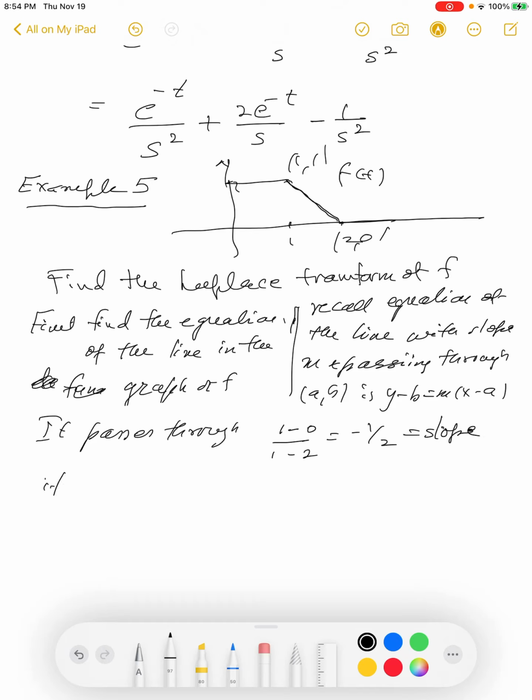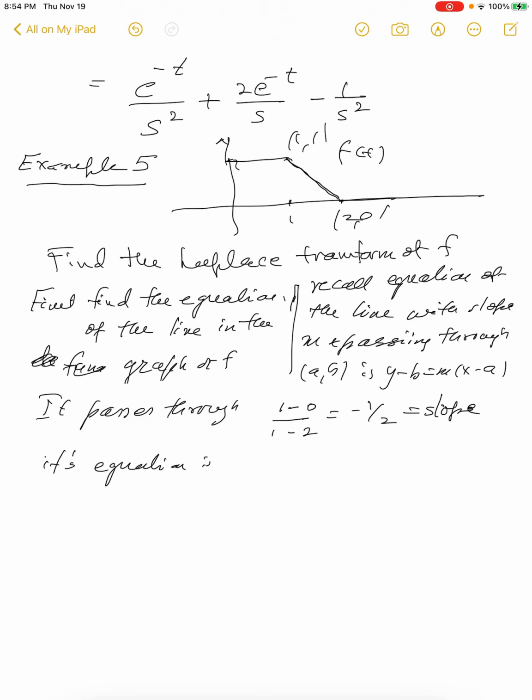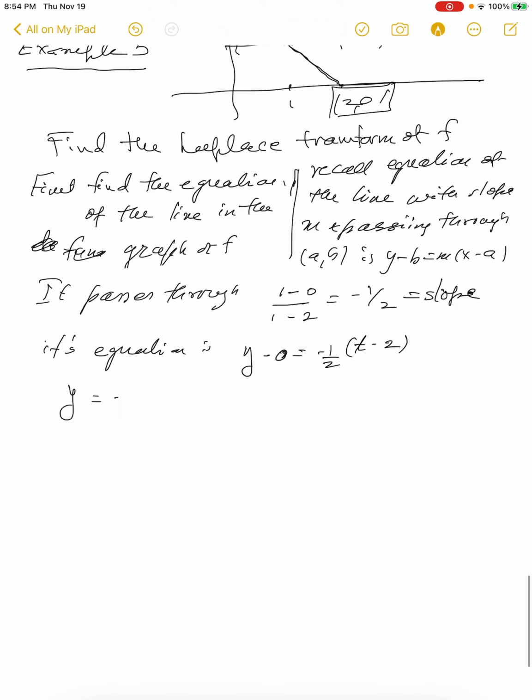And so its equation is going to be, I call my x variable t, so y minus 2 or y minus 0 equal to the slope times t minus 1, t minus 2. This point I am taking as my point a comma b. So the equation of this line is y equal to minus half t minus 2.